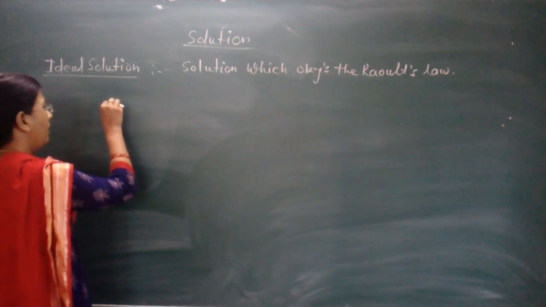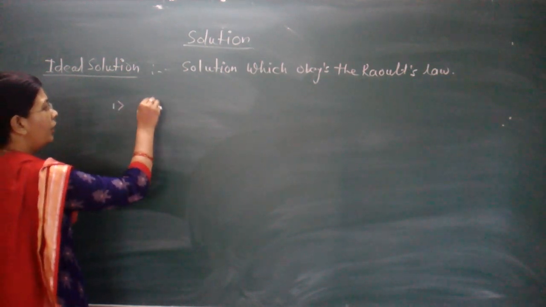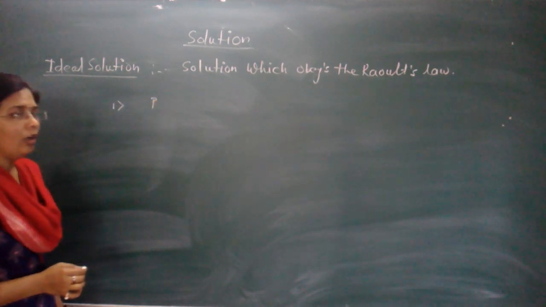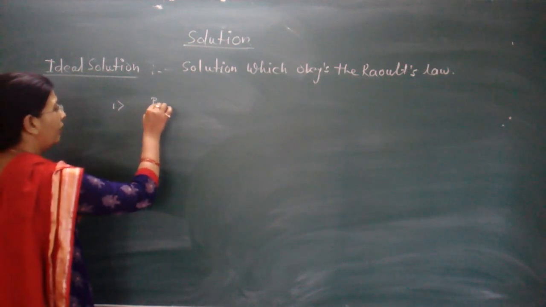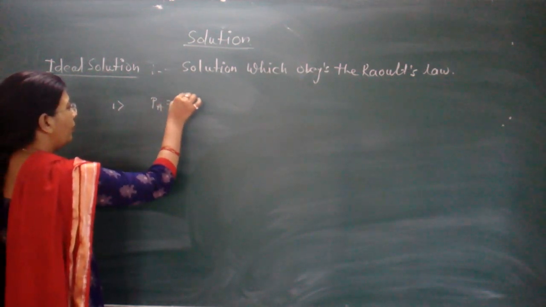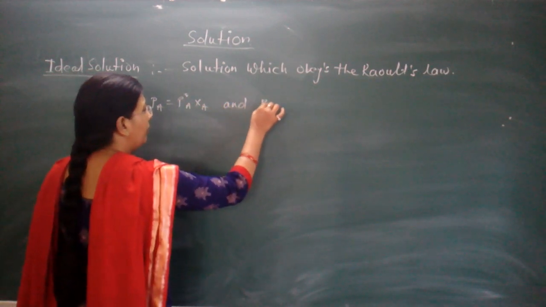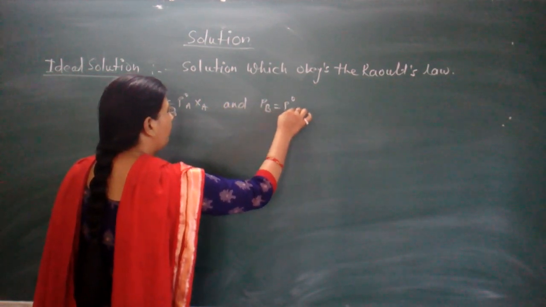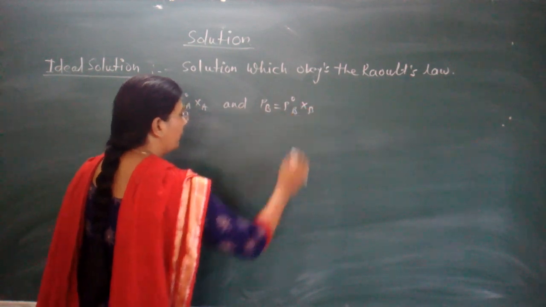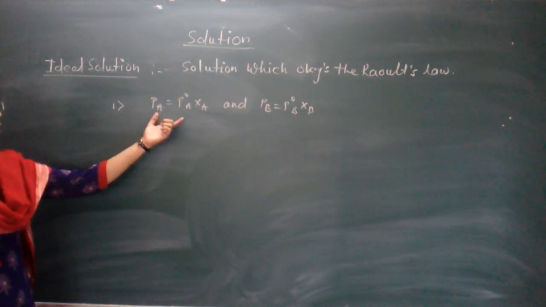So the first condition for an ideal solution is that it should obey Raoult's law, and the expression is PA equals P naught A XA and PB equals P naught B XB. This condition should be obeyed.